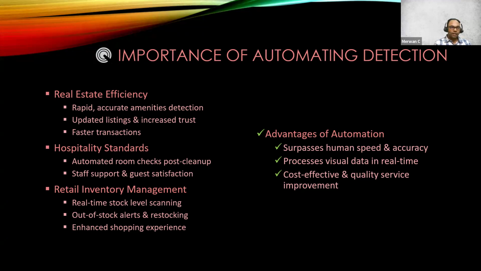This also helps in cutting the costs and elevating the quality of service. We will make use of machine learning to identify features such as a toilet seat in bathroom images. It sounds simple, but I want to emphasize the process of how the machine learning models predict what we need to know for that.